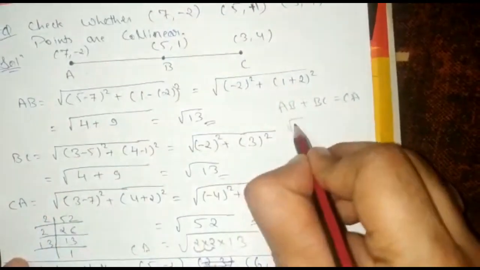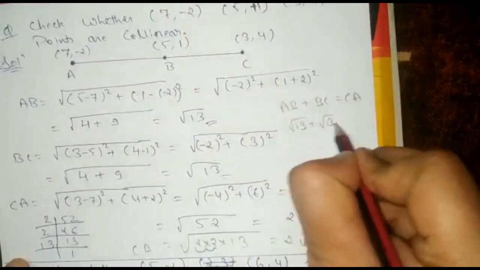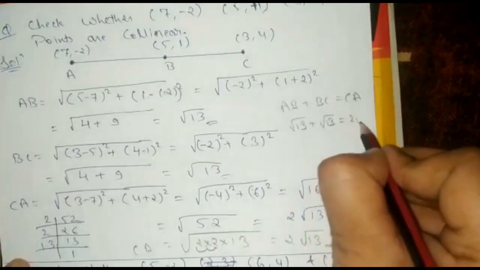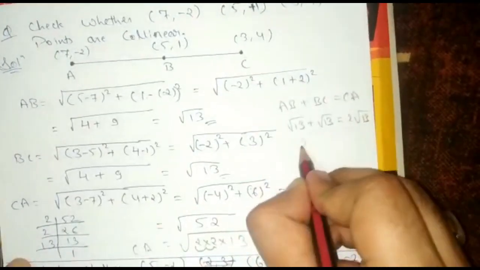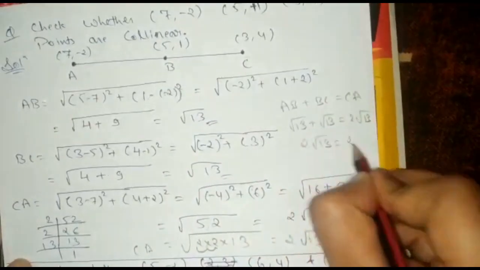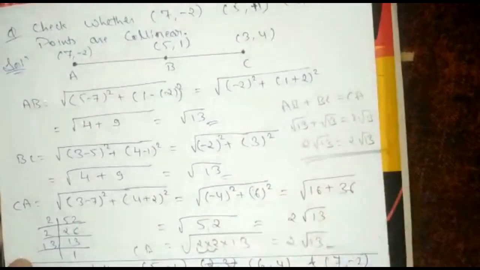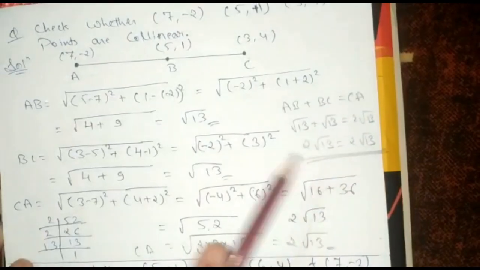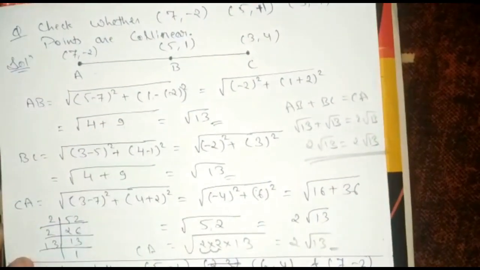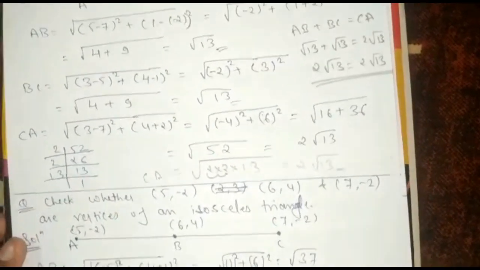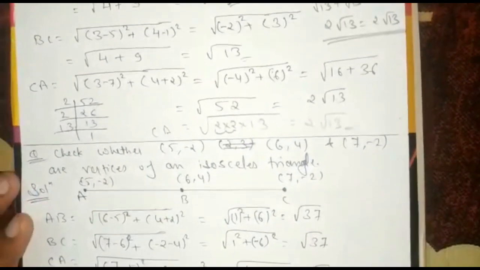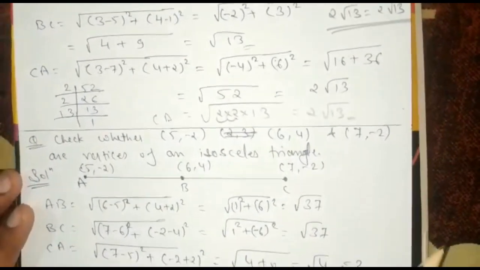So AB is root 13, BC is root 13, and CA is 2 root 13. So root 13 plus root 13 will be equal to 2 root 13, which equals 2 root 13. So AB plus BC equals CA, so we can say that these points are collinear. This is the concept for checking collinearity of 3 points using the distance formula.